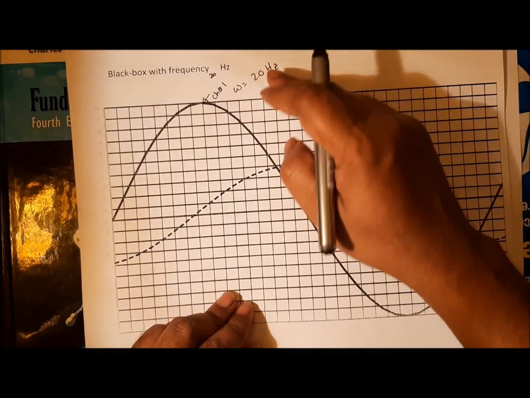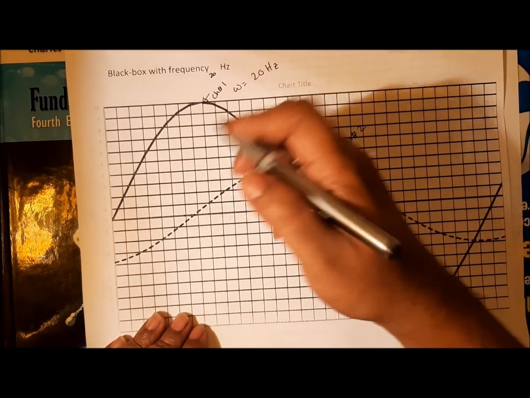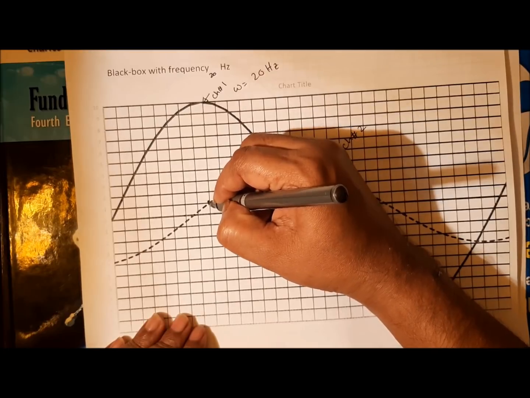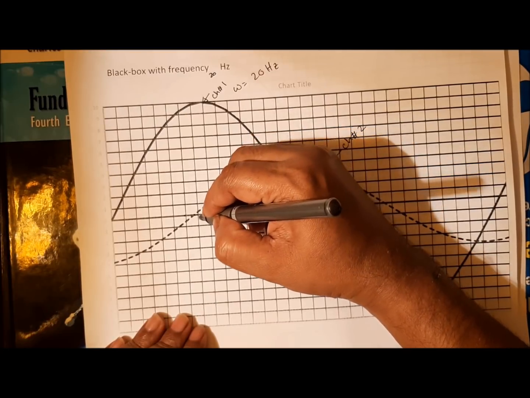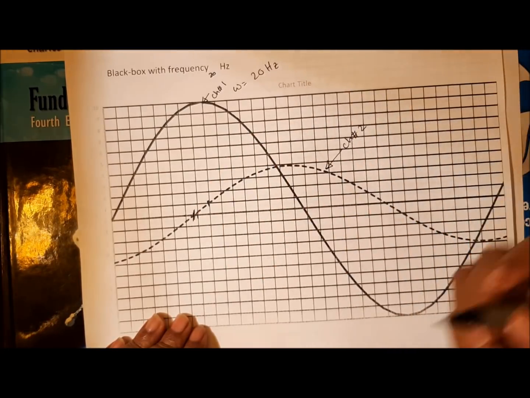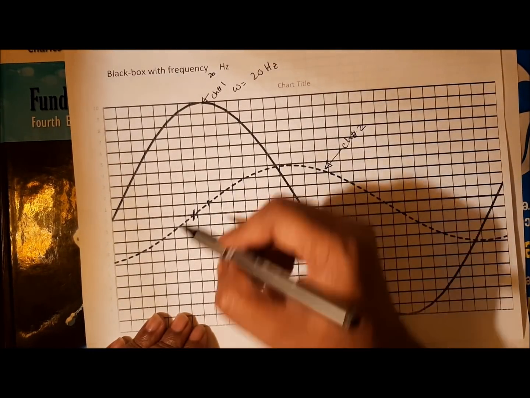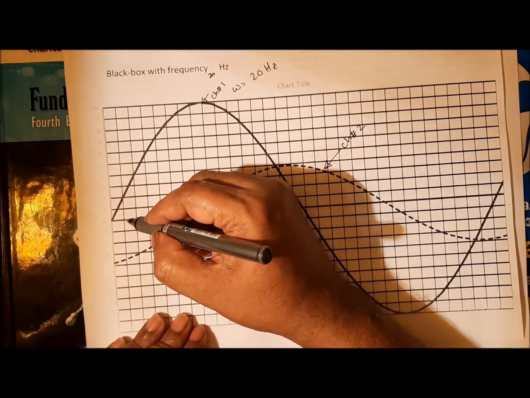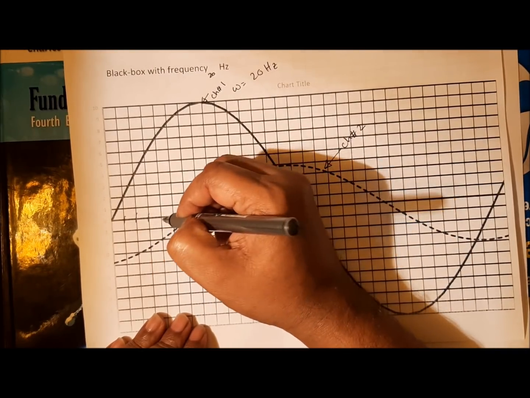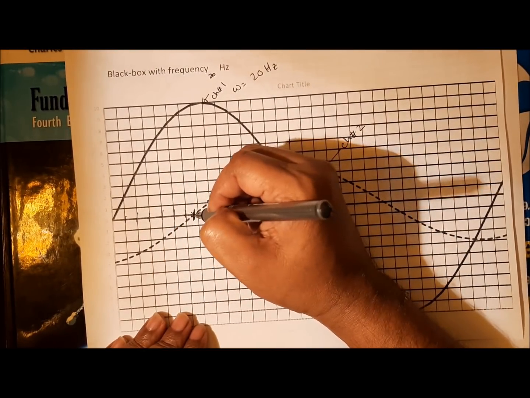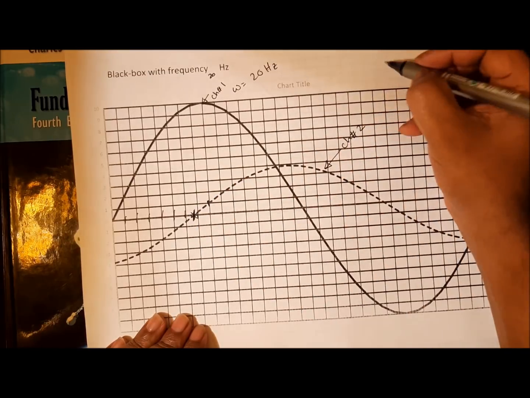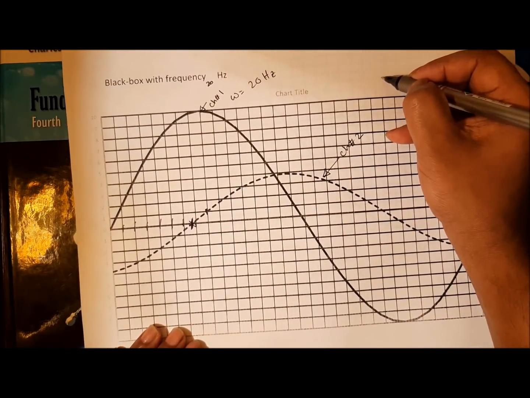From this 20 hertz, you see the phase angle is now this much. So this is my phase angle. It has 1, 2, 3, 4, 5, 6, 6.6.